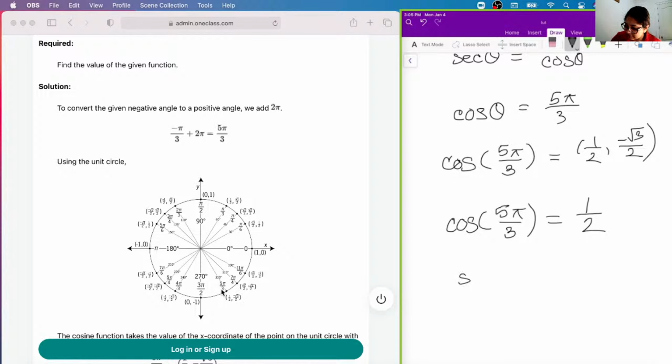Okay, however, if you go back to our secant function, secant of 5 pi over 3 is equal to 1 over cos of 5 pi over 3.